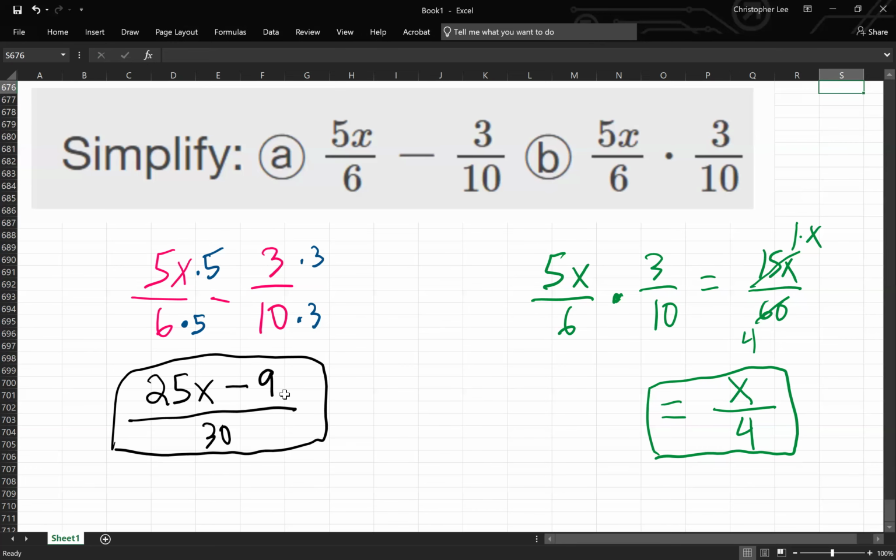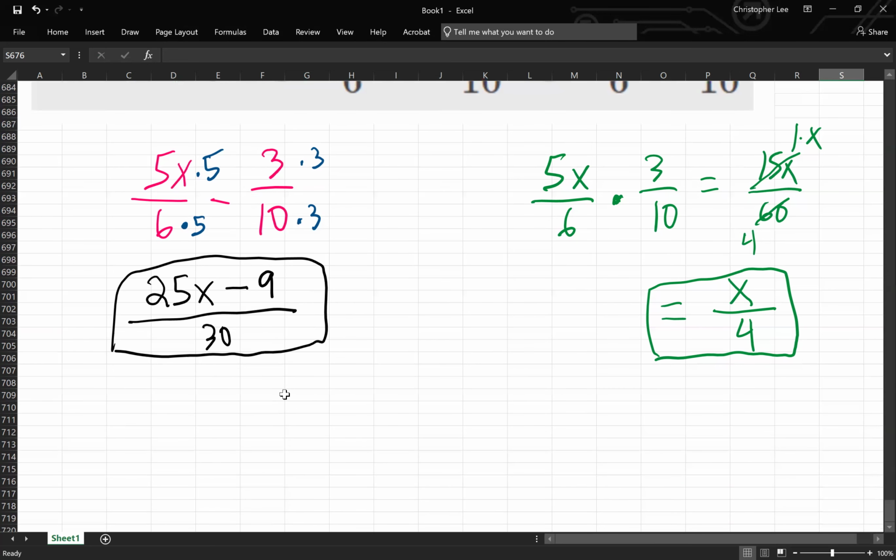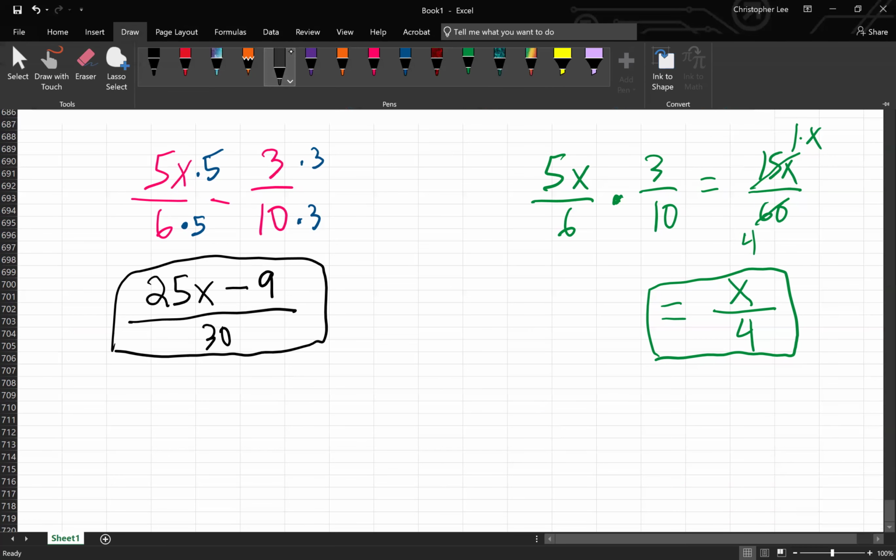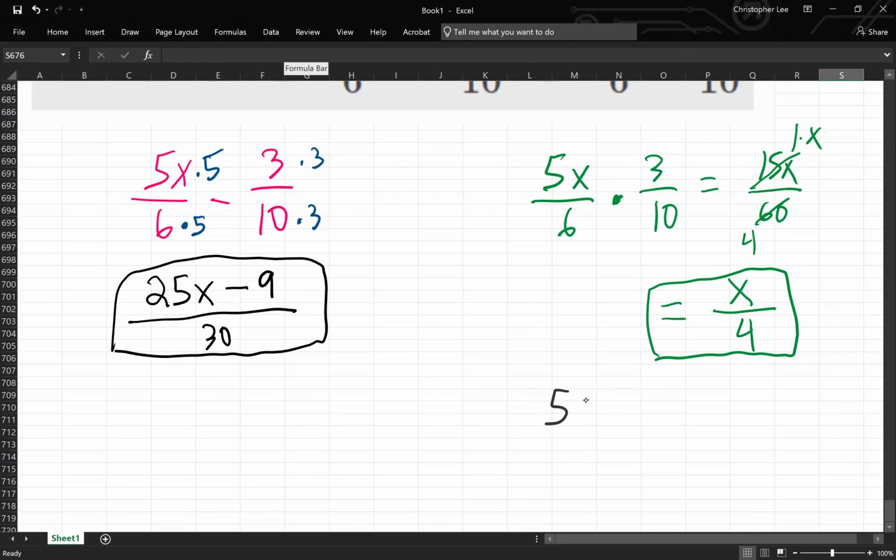I'll show you another method. Let's say I had 5x over 6 times 3 over 10. Another way you could have done this is to reduce the fractions diagonally before multiplying.